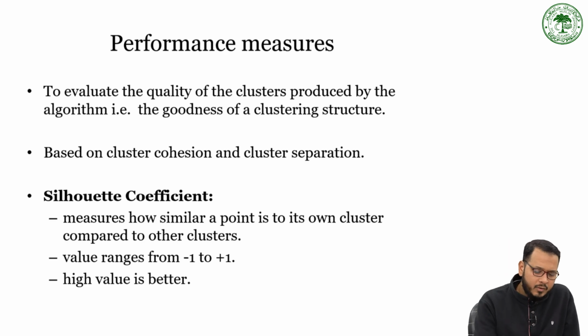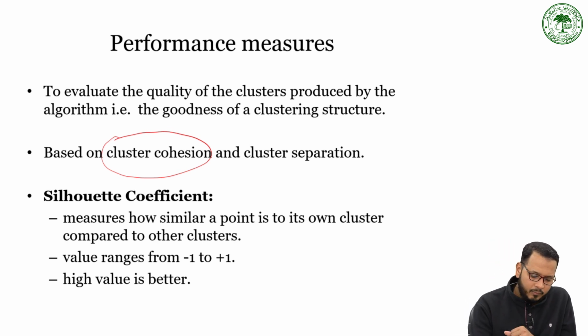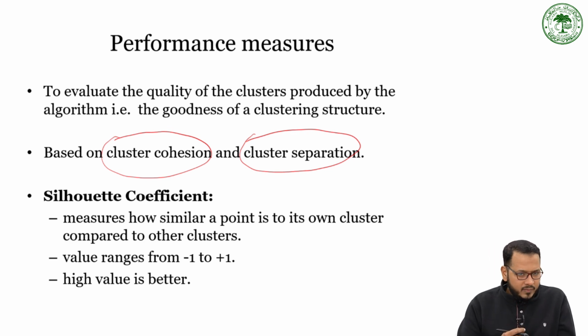They primarily work on two criteria: how close the points are within the cluster, called cluster cohesion, and how far away the points are from the points of other clusters, called cluster separation. There are a few coefficients or metrics for this. One of them is called the silhouette coefficient.